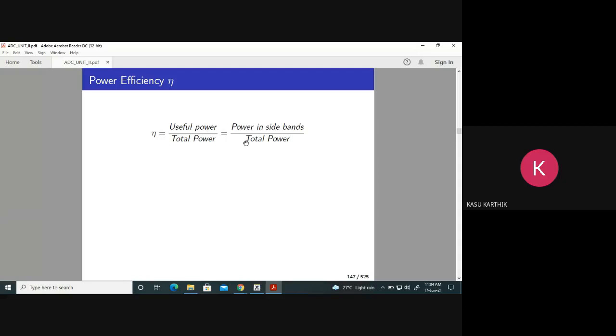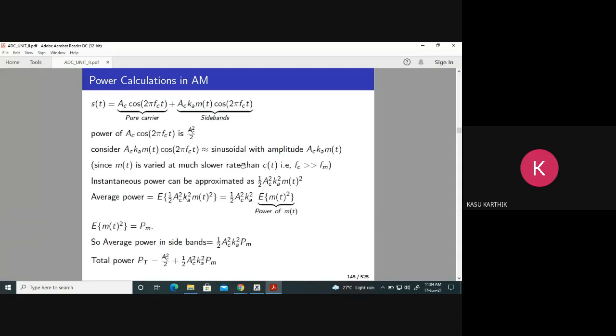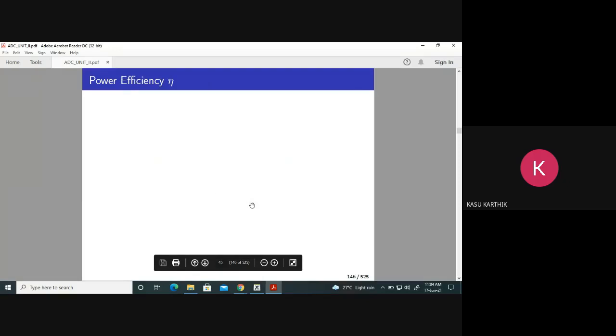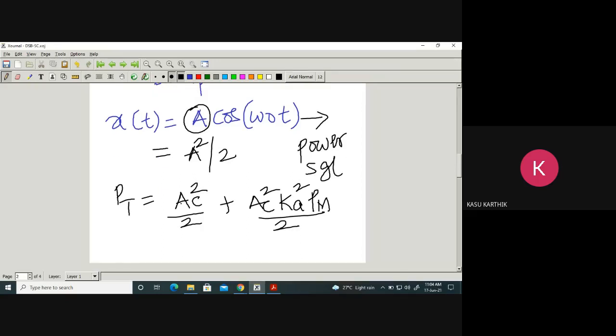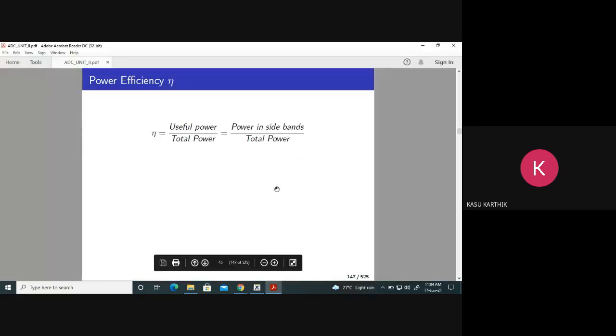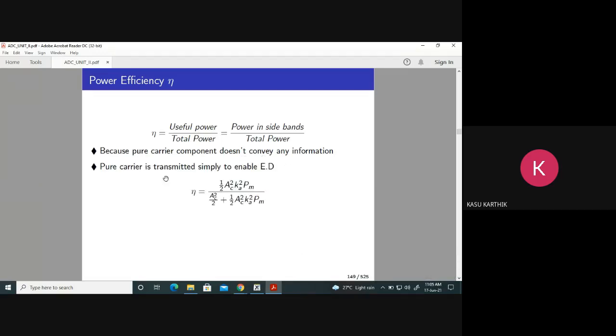So what is the power in the sidebands? Ac square Ka square into Pm by 2. What is the total power? Ac square by 2 plus the sideband power; you can take Ac square by 2 common, giving 1 plus Ka square Pm. Now this is the power in sidebands by total power.